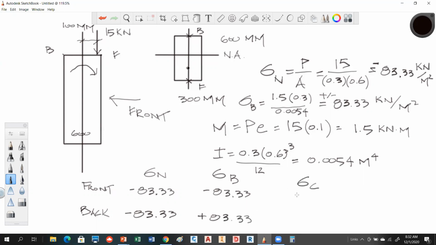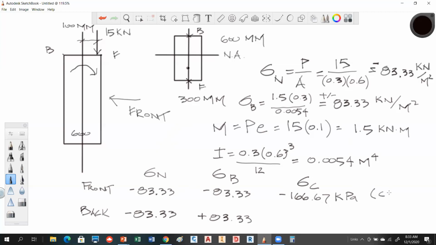So the combined stress due to superposition is just the sum of those. So we take the negative plus that other negative. So we get 166.67 minus kilonewton meters, which we could call that also kilopascals.